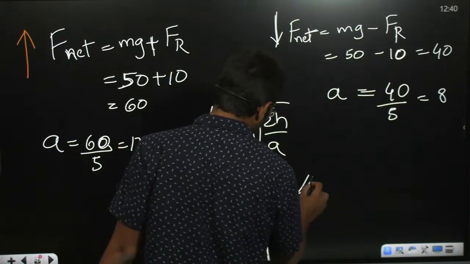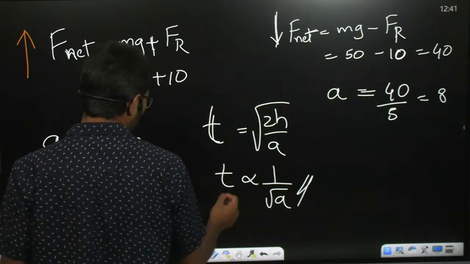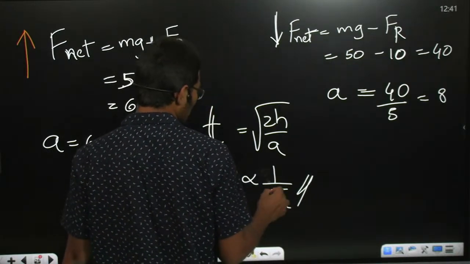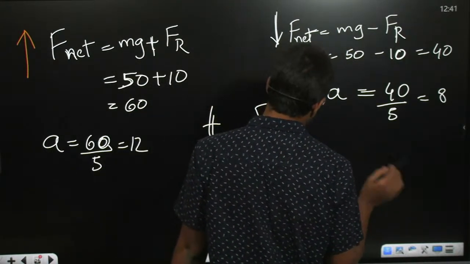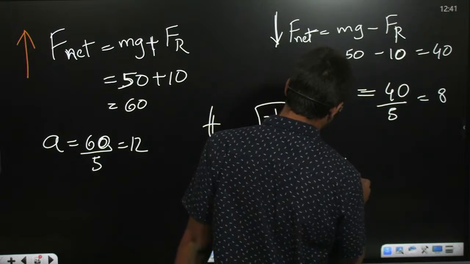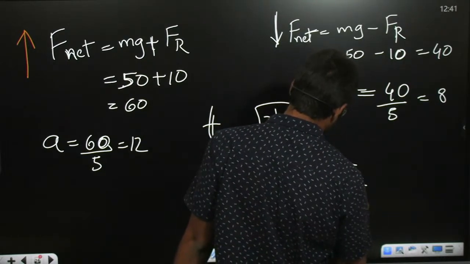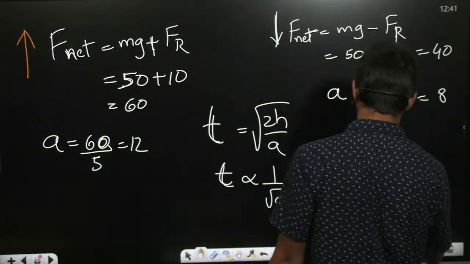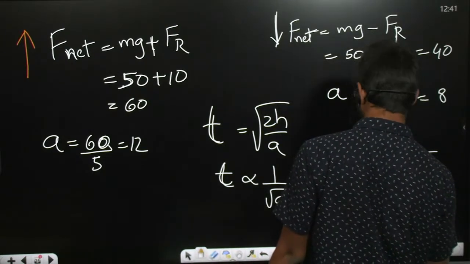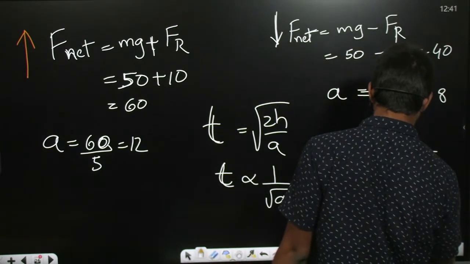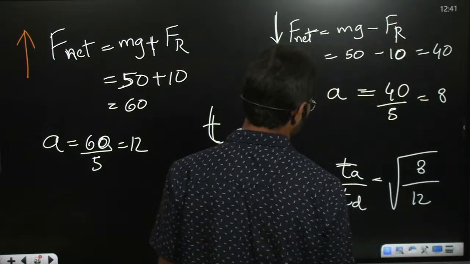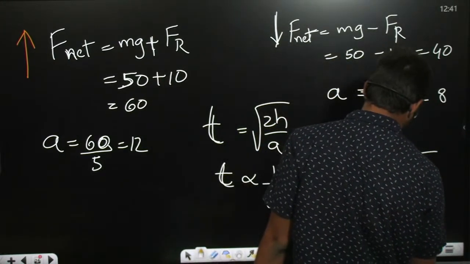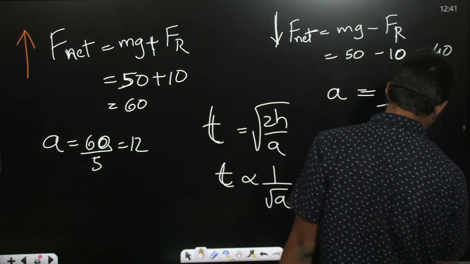So time of ascent or descent is inversely proportional to the square root of acceleration. Time of ascent by time of descent is equal to under root of accelerations, 12 by 8, under root 3 by 2.